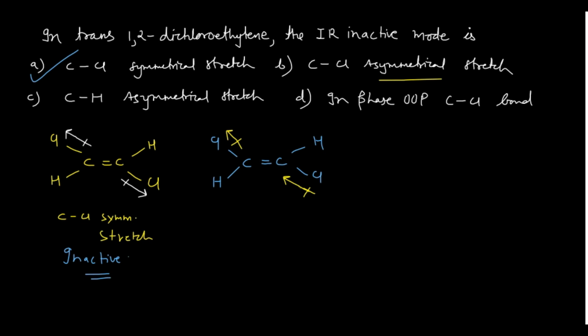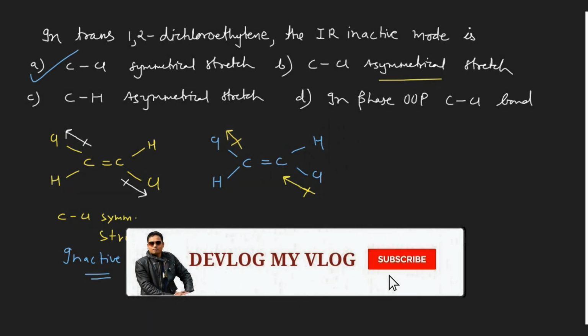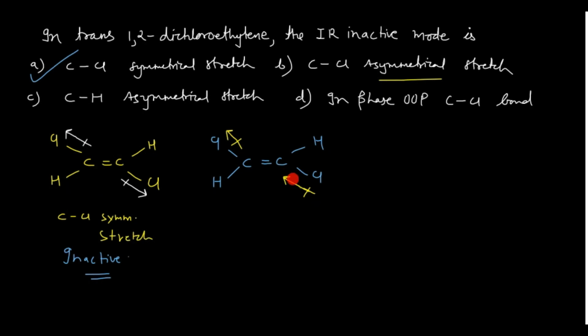So when these two vectors are going in the same direction, they will add up, and the bond distance will increase, and you know mu is directly proportional to the bond distance. That means in that case your dipole moment will change. That means it would be IR active. So this is your IR active mode, so I can write active.